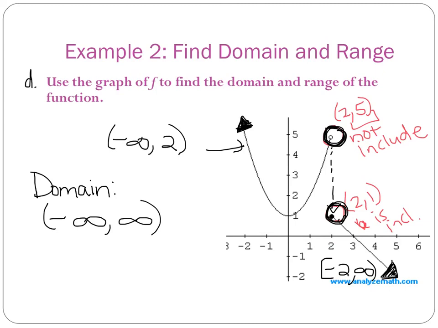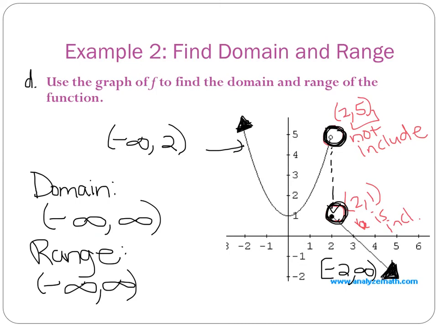And our range is going to go from negative infinity to positive infinity as well, because this arrow is pointed downward to negative infinity. So like I stated before, our least y value is negative infinity, and our highest y value is positive infinity, because this arrow is pointed upward or increasing infinitely.